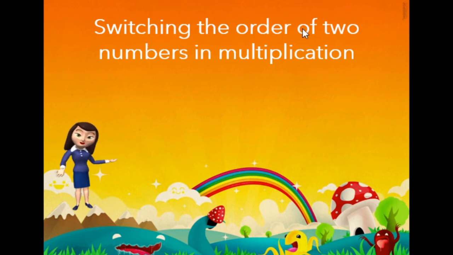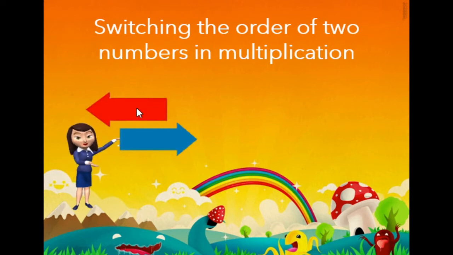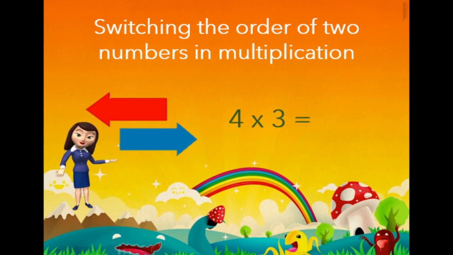Switching the order of two numbers in multiplication. This means what? Look at the arrow. One arrow goes to the left, one arrow goes to the right. Switching means changing the numbers themselves in any position.